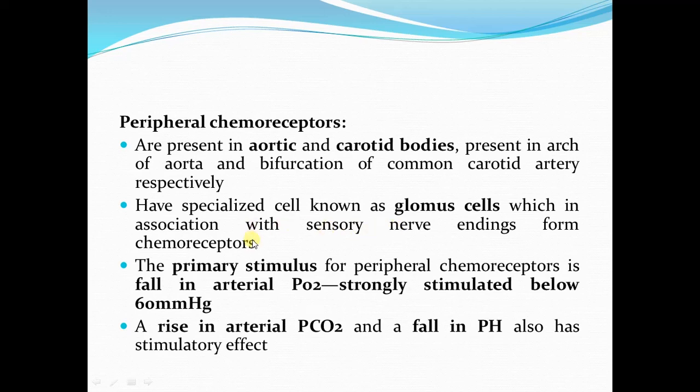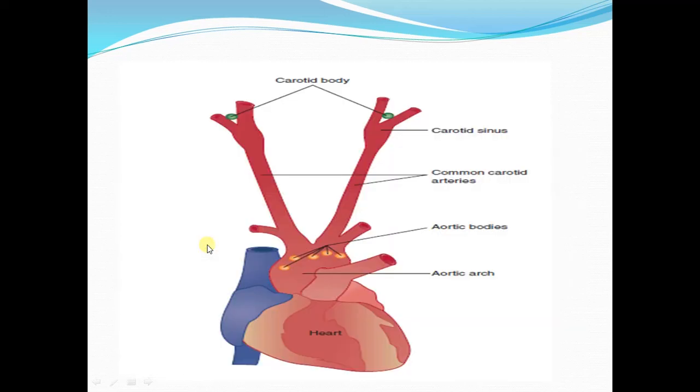I am repeating that the peripheral chemoreceptors present in the aortic and carotid bodies have specialized cells known as glomus cells. These glomus cells, in association with their sensory nerve endings, form the peripheral chemoreceptors. And the potent stimulus for the peripheral chemoreceptors is a fall in the partial pressure of oxygen.